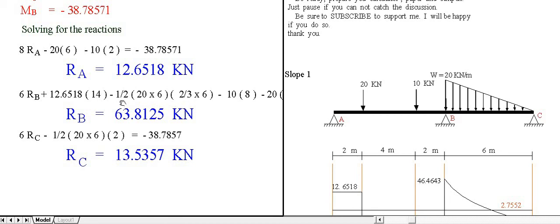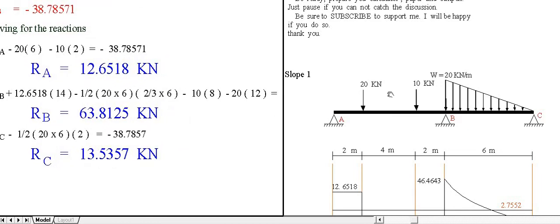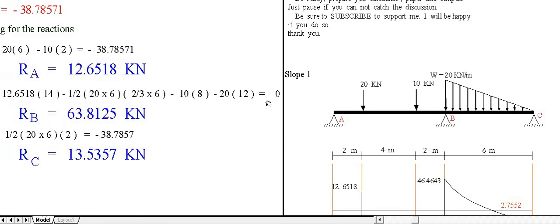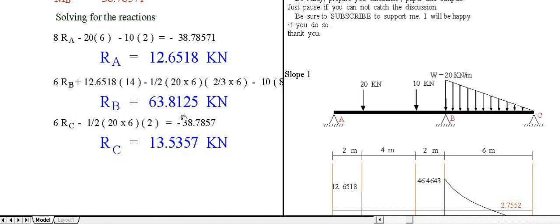We have 14 minus the triangular load, 1/2 20 by 6 times 2/3 of 6. The centroid of this from C, minus 10 times 8, okay, this is 8, minus 20 times 12. This is 10 and 2, 12, equate to 0. Solving for RB, it is 63.8125.